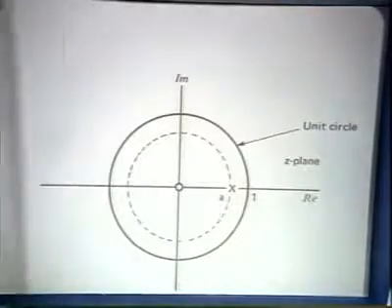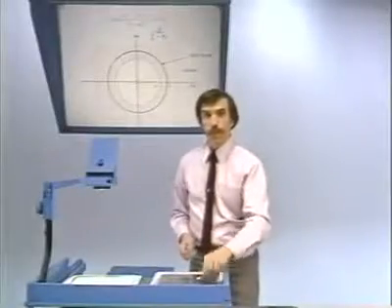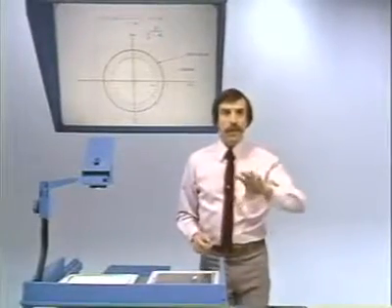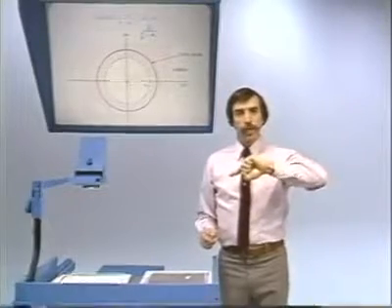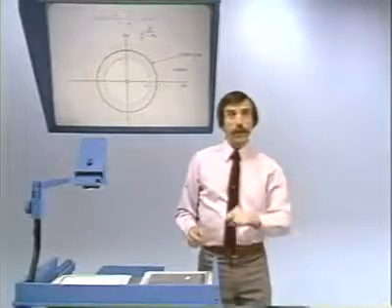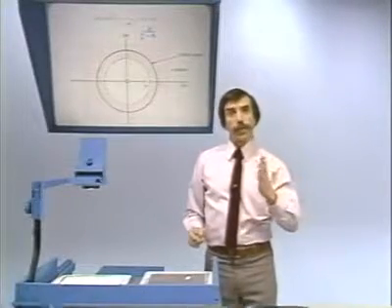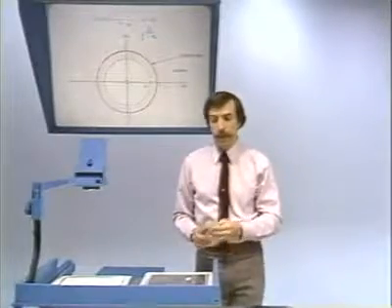Well, assuming that the magnitude of a is less than 1 and the Fourier transform converges, we can in fact look at the Fourier transform by observing what happens as we go around the unit circle. We had seen this with the Laplace transform in terms of observing what happened as we move along the j omega axis.